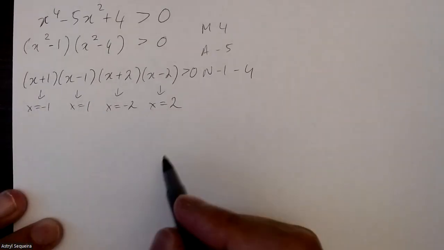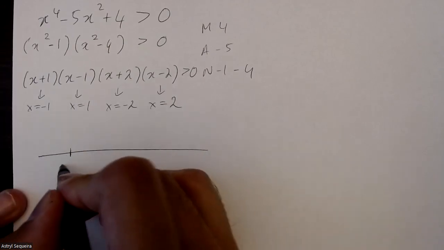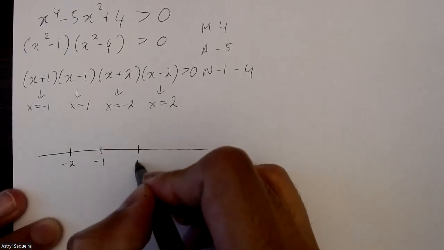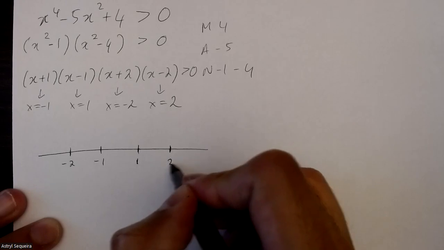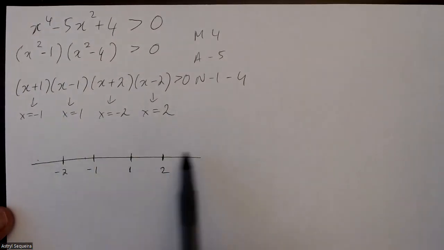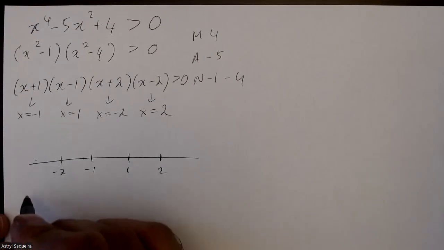So I'm going to put my solutions on a number line: -2, -1, +1, and +2. And now I have to test each range to see whether the solutions are good or not. So I'll start with picking -3.